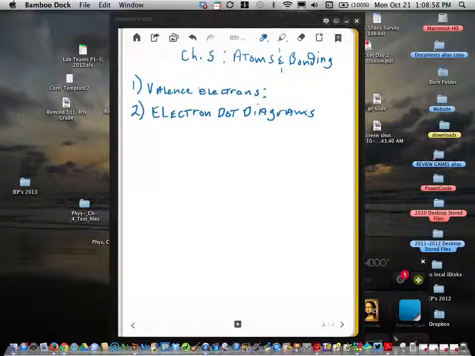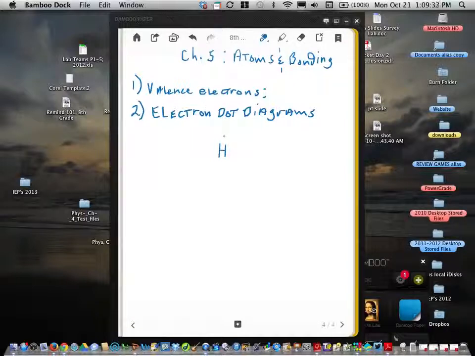Okay. Valence electrons. Who remembers what a valence electron is? Good. So every atom has a shell or an orbit where the electrons are orbiting.